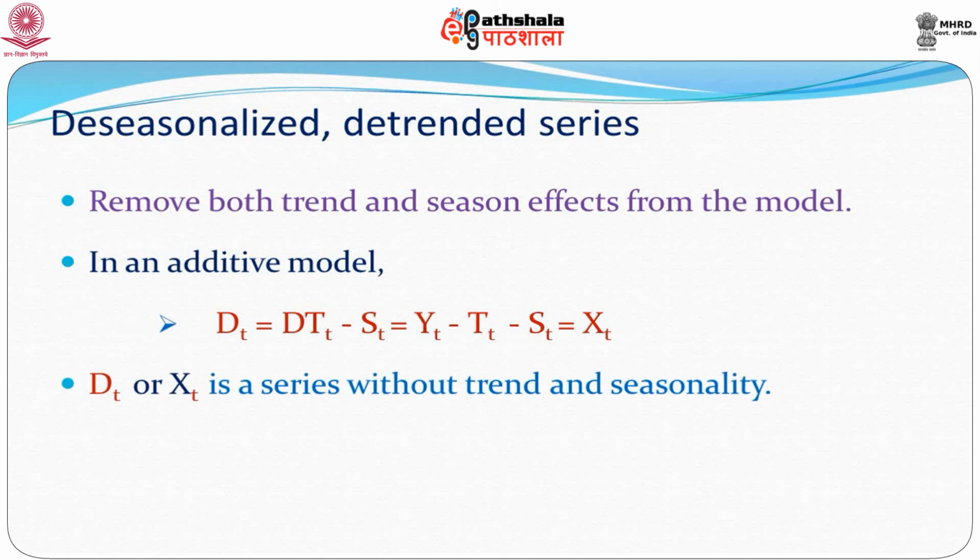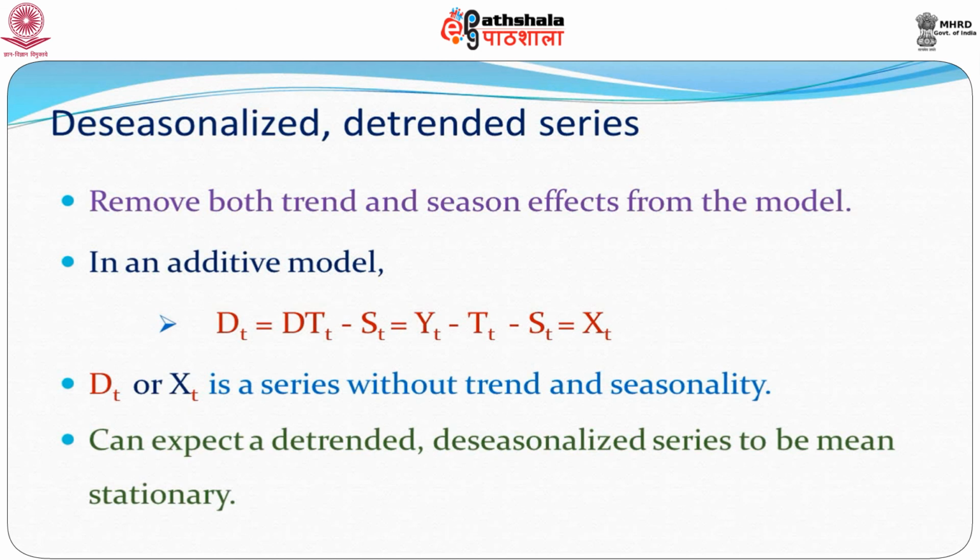So dt or xt is a series without trend and seasonality. We can expect a detrended deseasonalized series to be mean stationary. We will look at what mean stationary really means, but we can expect this not to evolve too much over time. So the evolutionary part is excluded from xt.